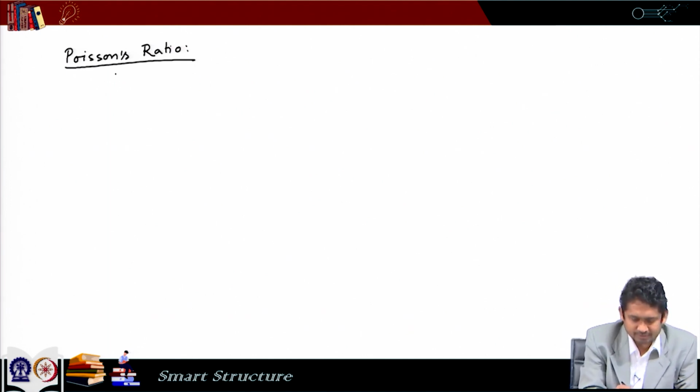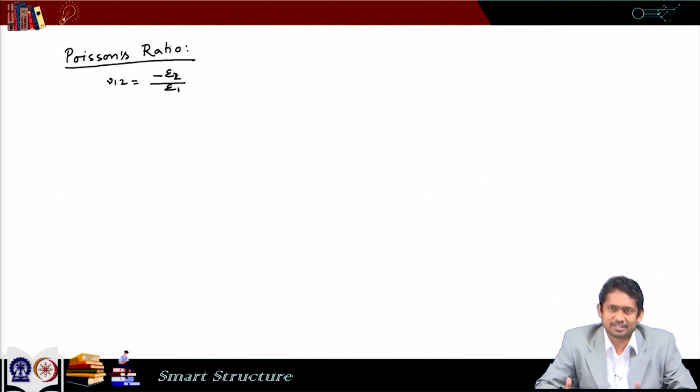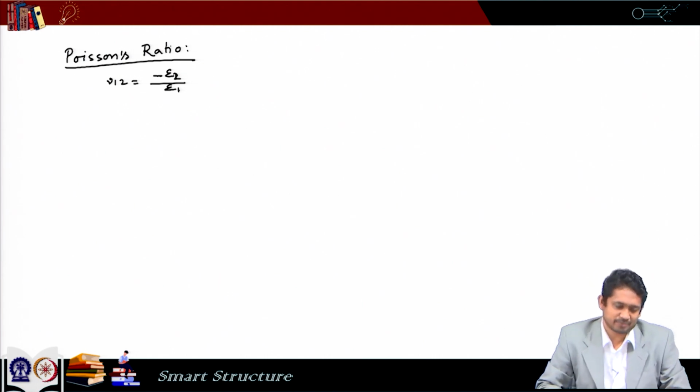So, we have two Poisson's ratios. Poisson's ratio, as we know, is that when a material stretches on one side it compresses on the other side, or vice versa. The ratio of the strains in those two perpendicular directions, with a negative sign, is the Poisson's ratio.